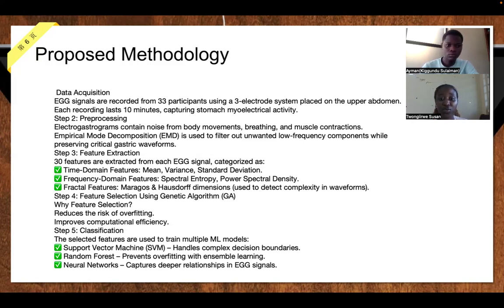Then preprocessing, where we determine which data is which. Then feature extraction, where we categorize what we've extracted. Then feature selection, where we use a genetic algorithm, which reduces the risk of overfitting and improves computation. And then classification: the selected features are trained on multiple machine learning models. And next.